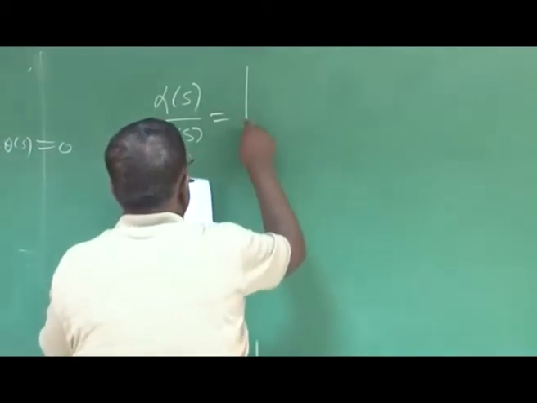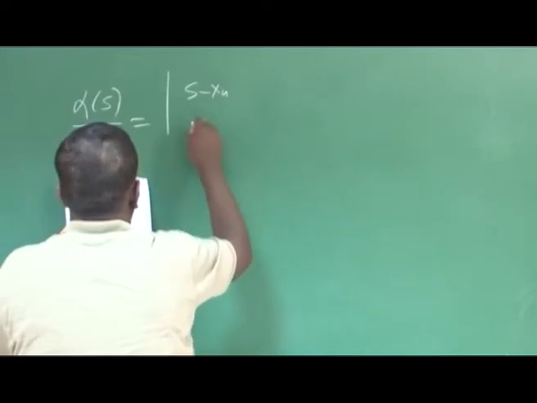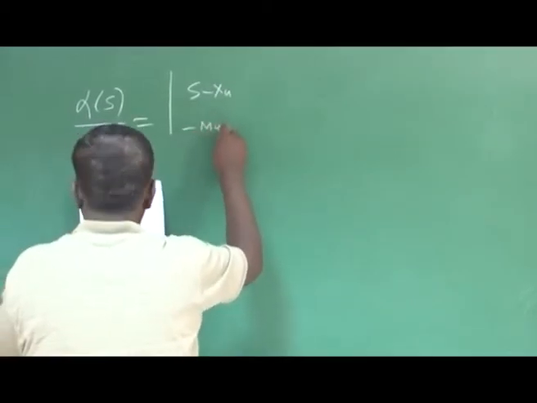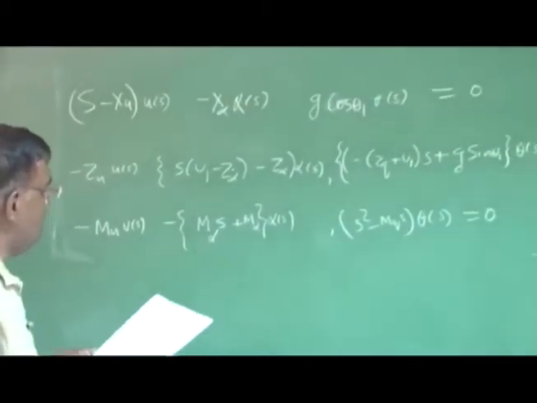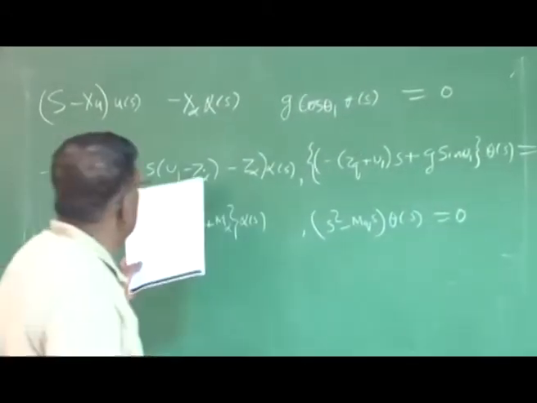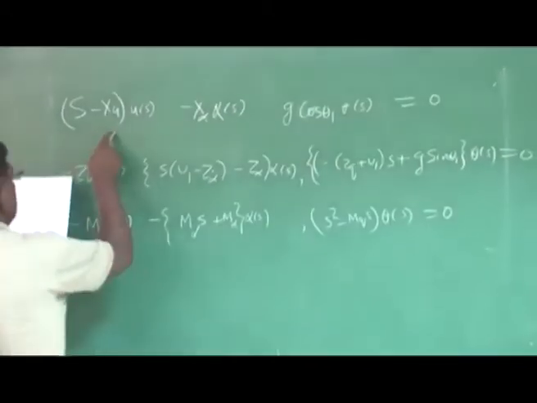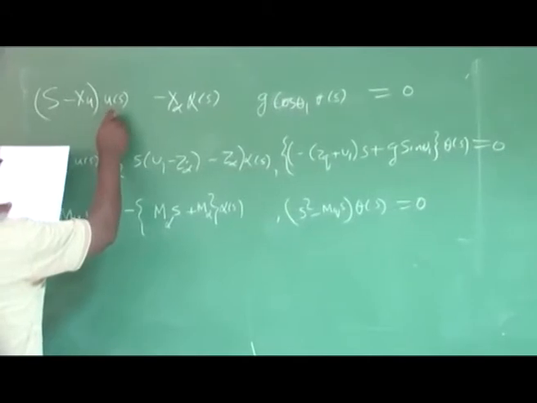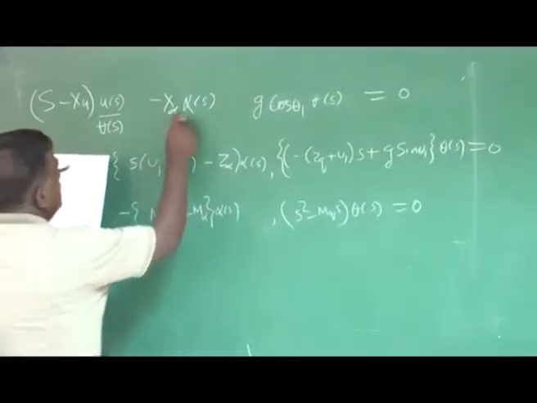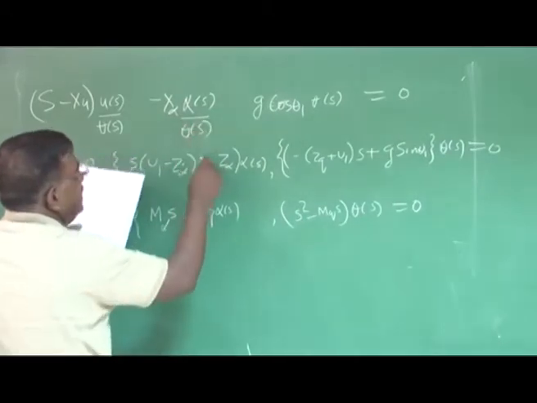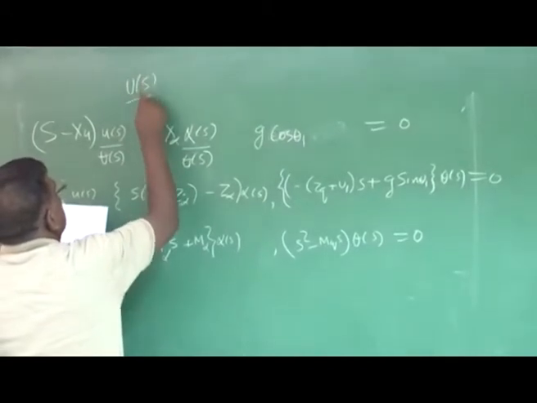So it will be something like this, s minus Xu, minus Mu. Now our aim is to find out u of s by alpha of s. So it is very simple. I can again write this in terms of s minus Xu. I divide it by theta of s if I am looking for theta of s. So there, this will again be divided by theta of s. Here theta of s will go. So I am looking for u of s by theta of s.